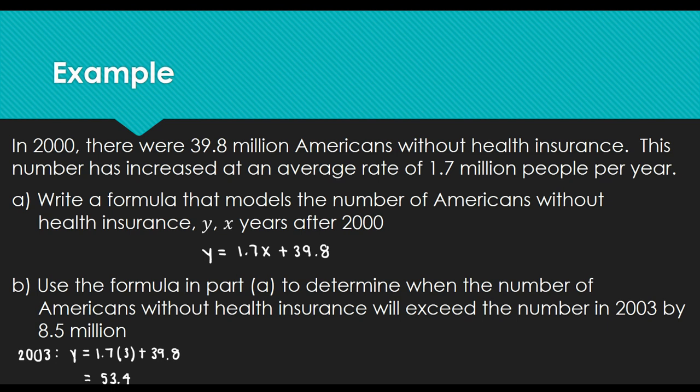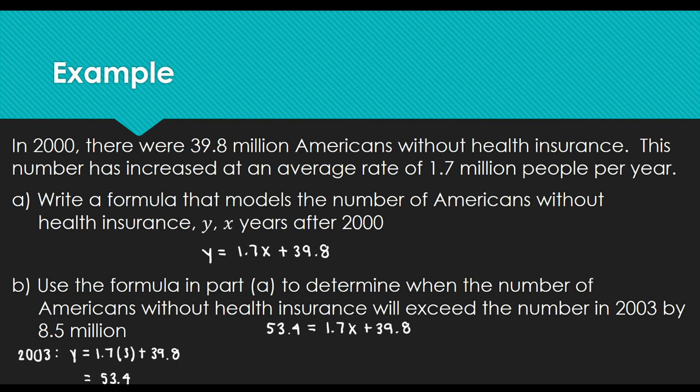Okay, so now if it's asking, when will that exceed? Well, I know that I have to figure out the year in which that's going to happen. So now we want to solve for X. So now I'm going to have 53.4 equals 1.7X plus 39.8.